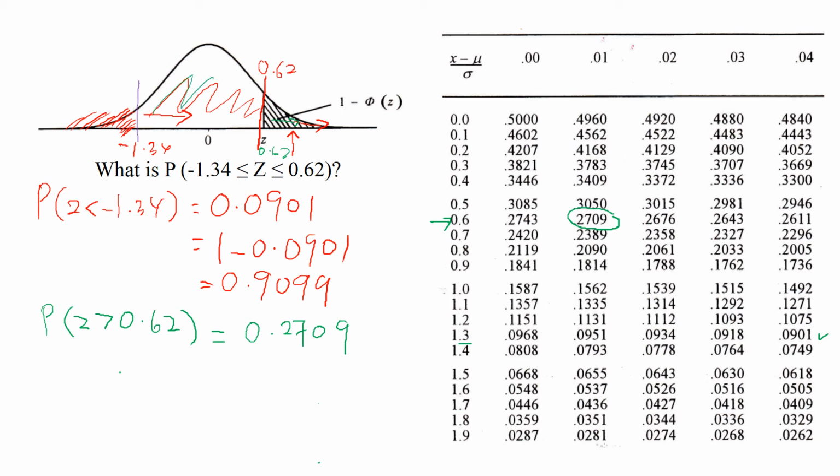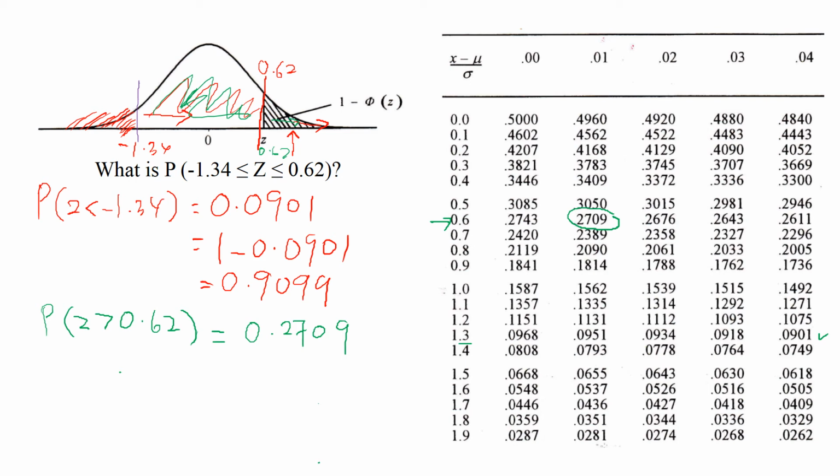Because we want to find this area, we need to deduct this probability from the whole area to the right of negative 1.34, and then you can get the area.